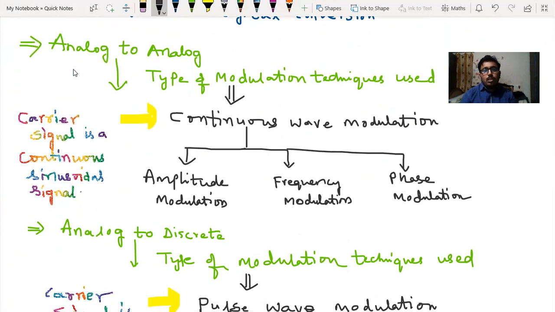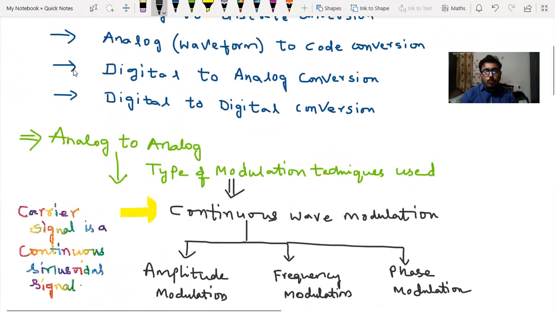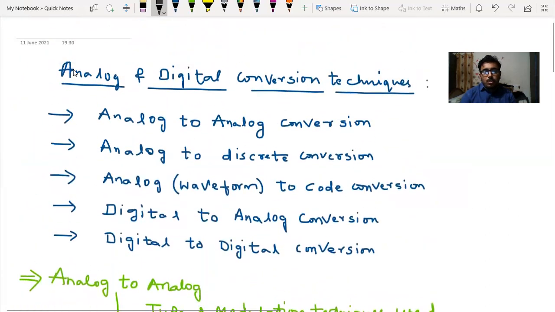So that is what we come across through this concept, that is analog and digital modulations. Why do so many modulation techniques come into the picture? Because we are performing different types of conversions. Based on the different types of conversions we are using, we come across the methodology of which modulation technique should be used at which.